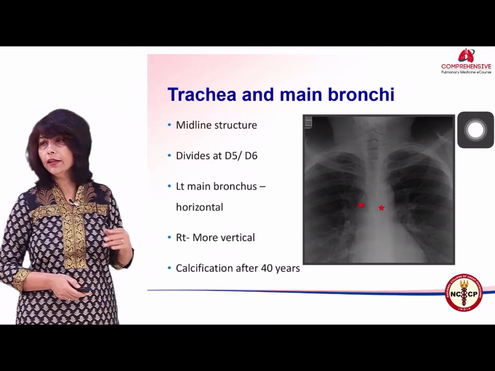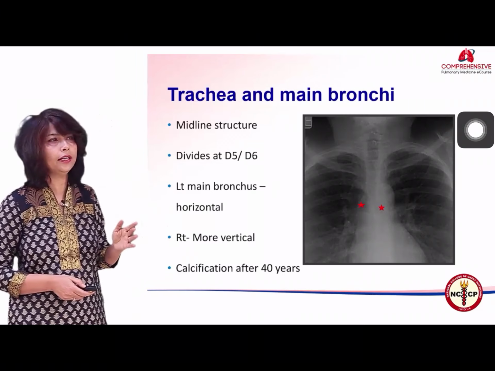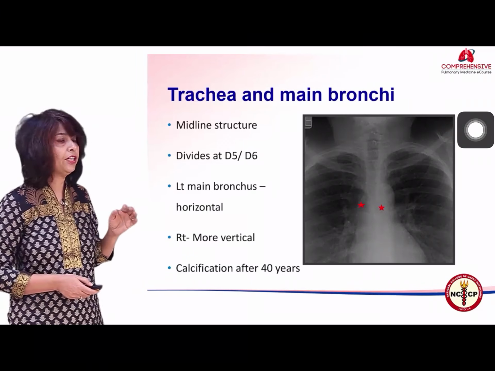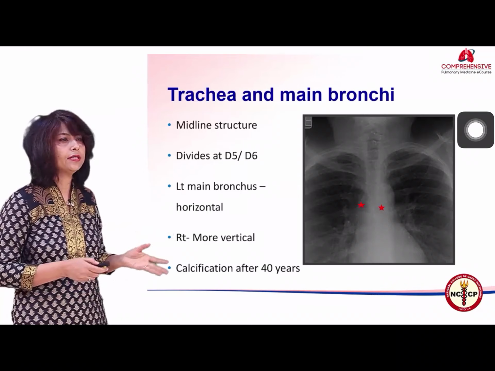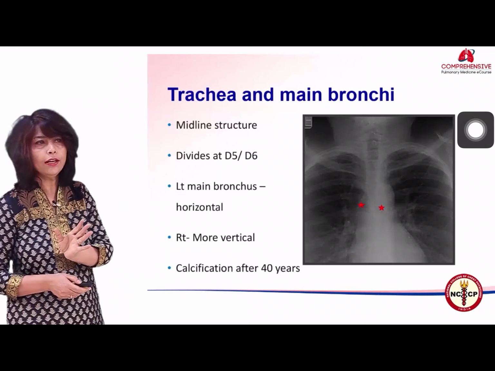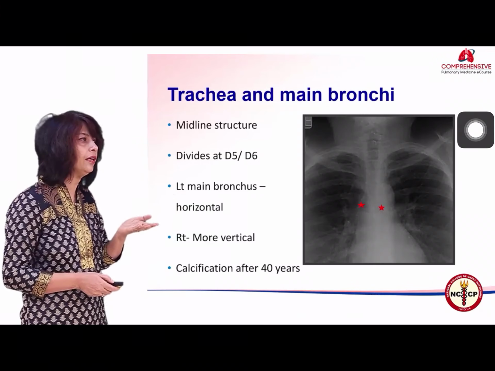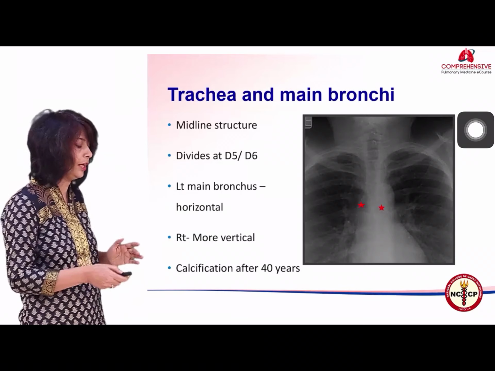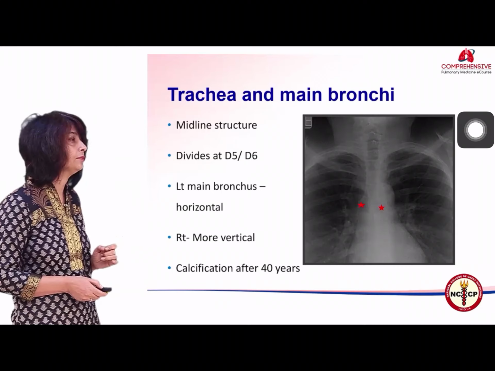You may think, is it a very simplistic thing to repeat? You can see the right and left, but no. Especially when you are seeing younger patients and children, and there is situs inversus, it's our job to say which is the morphological left bronchus and which is the morphological right bronchus. So the appearance and direction of the bronchi is important to label them as left or right.